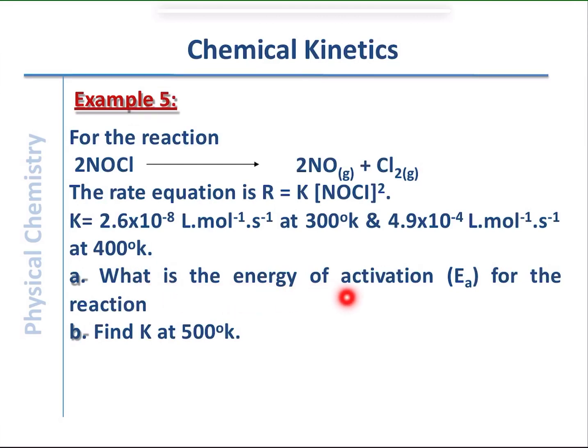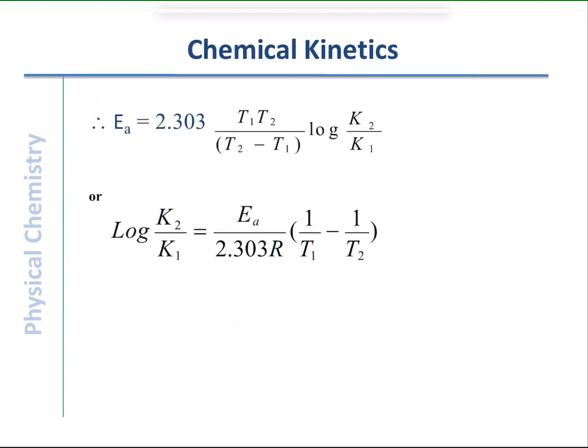What is the energy of activation of the reaction? And find K at 500 Kelvin. You will use only one equation, which is this equation. You are given K1 and K2, T1 and T2. You are asked to calculate the activation energy of the reaction.